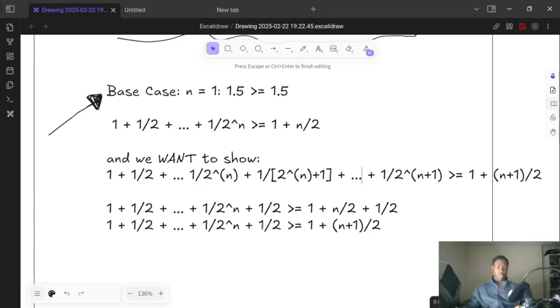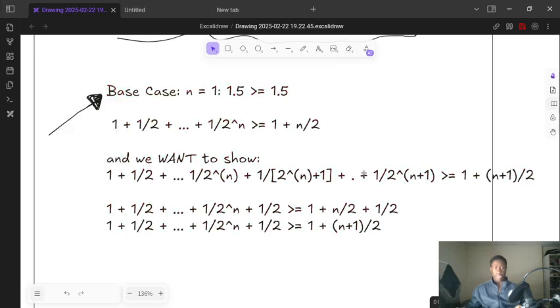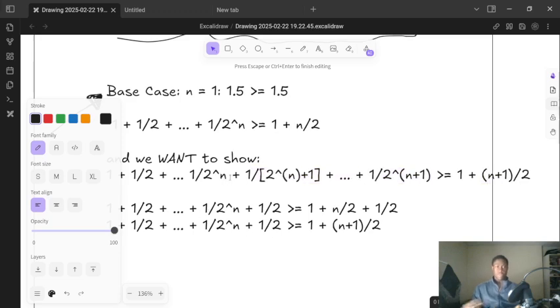Let me put that back to black. What I have is that part here. What I want is all of this, because we already have the 1 to n here. Let me just remove the brackets for consistency.